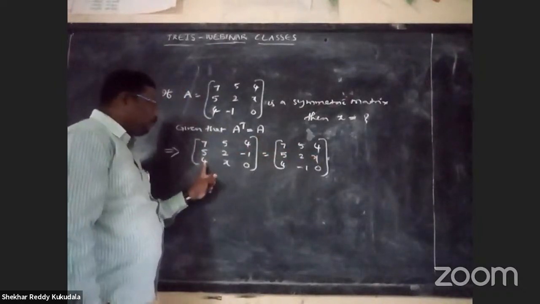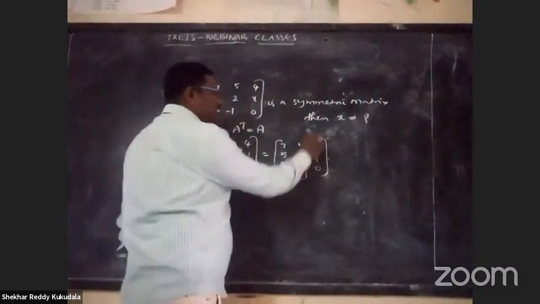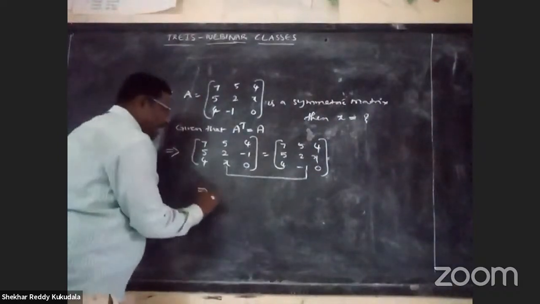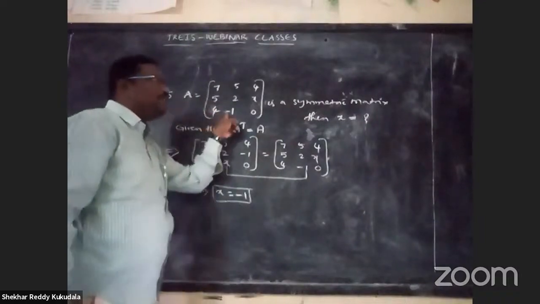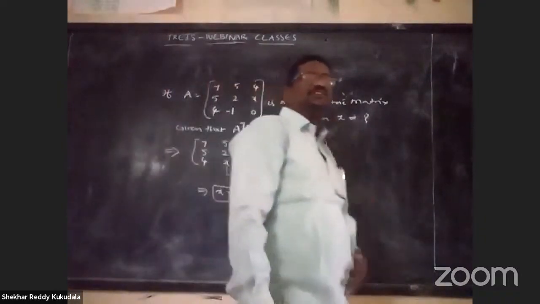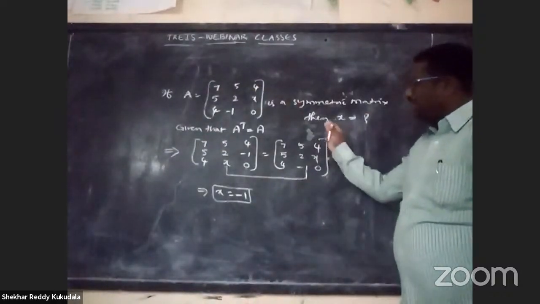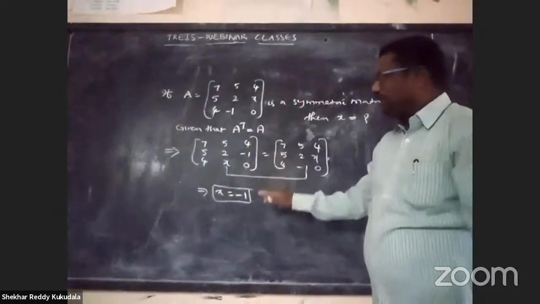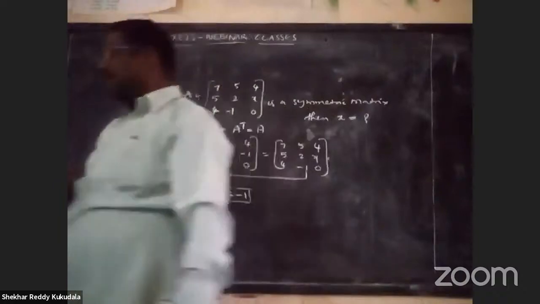Otherwise, here 4, x, 0 and 4, minus 1, 0. Here also, by equating the corresponding elements, we get x is equal to minus 1. So when the given matrix is a symmetric matrix, this is how we find the unknown variable.